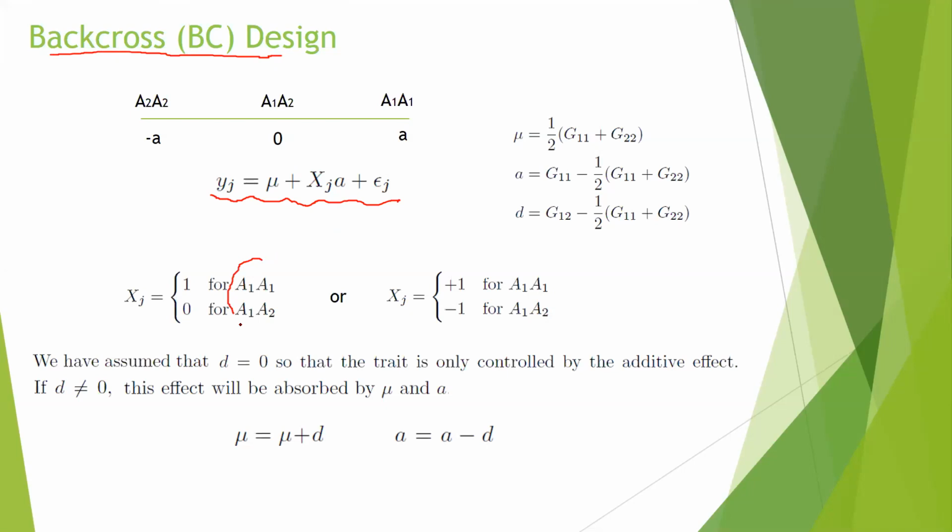So we do not have another parental type, because this is a backcross, not an F2. Then some information is missing. So that's why in this regression model, we only assume there's an additive effect. Even if there is a dominant effect, because of the missing data, we cannot estimate that dominance effect.